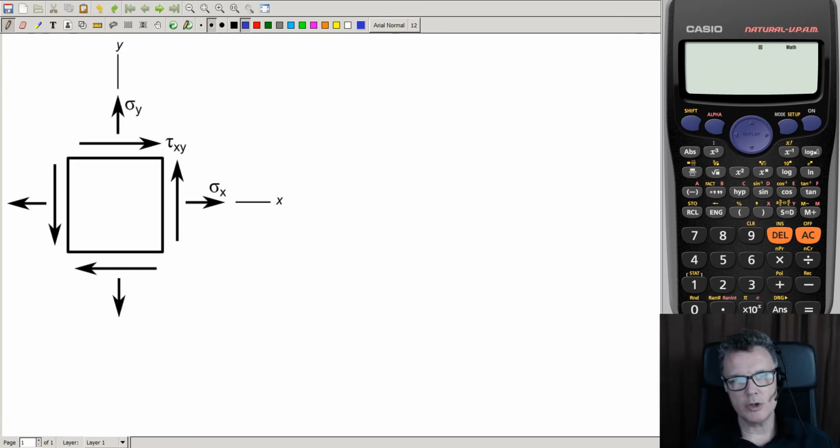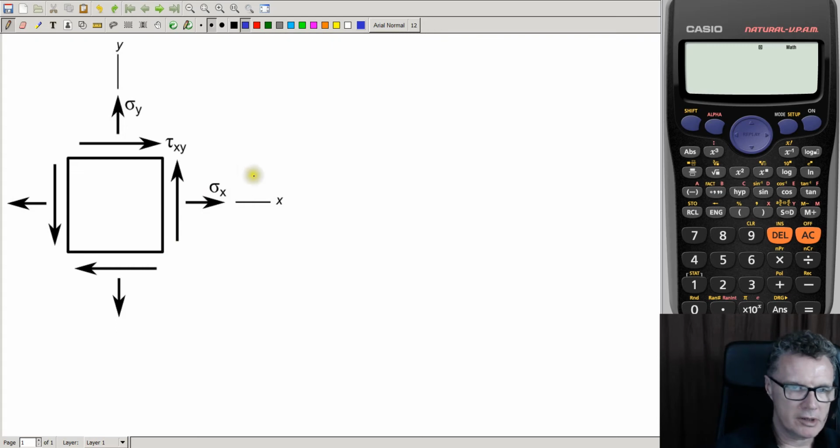Okay, so what would you do if you had a problem like this, asking you to find the principal angle of stress, the maximum amount of stress, and the maximum amount of shear stress? So this is our stress state.